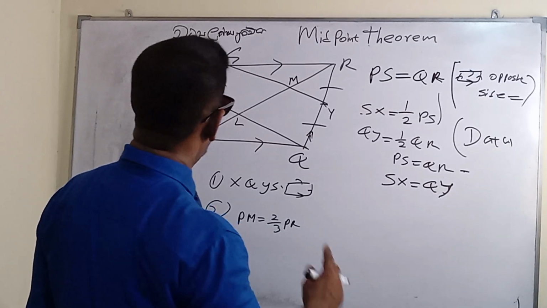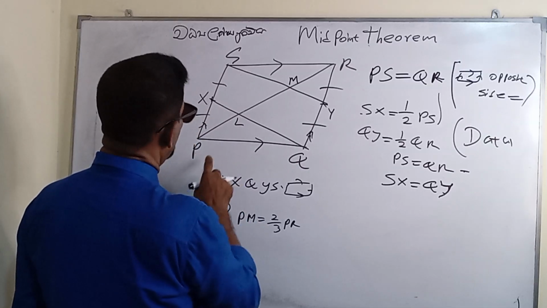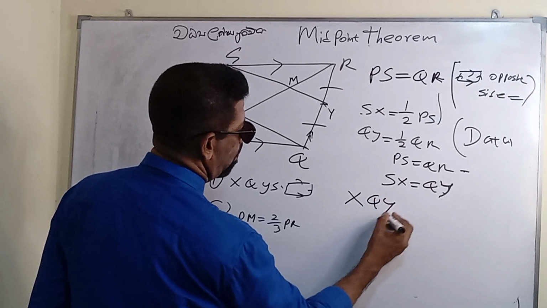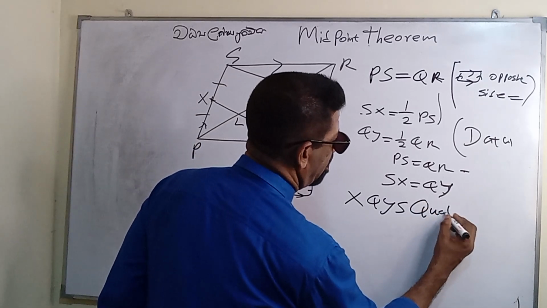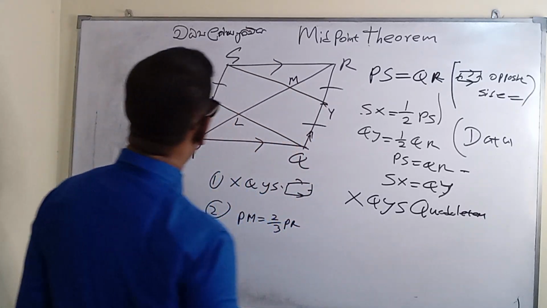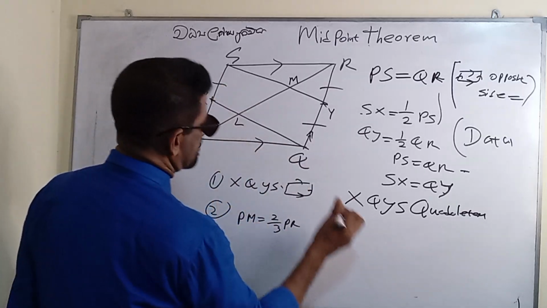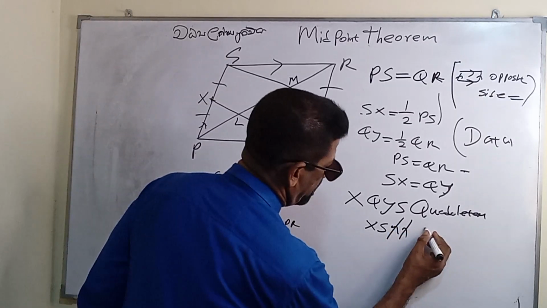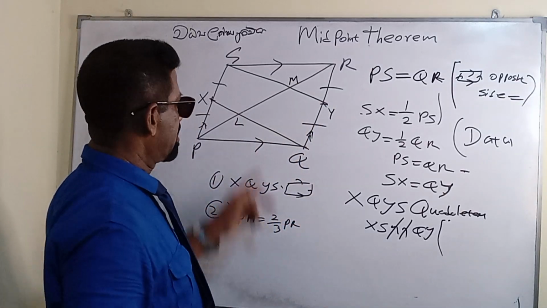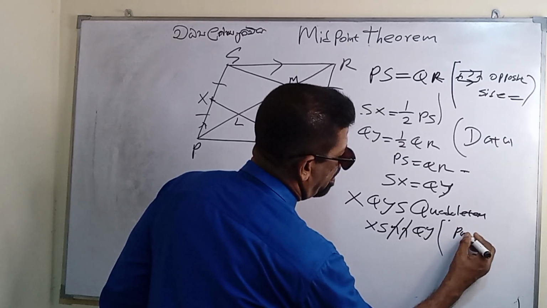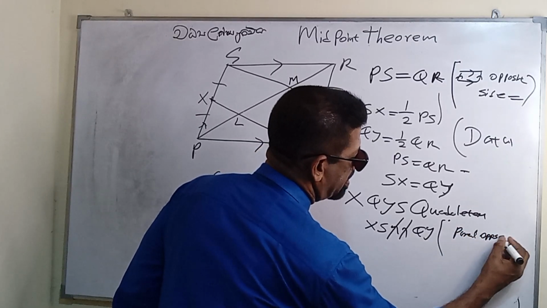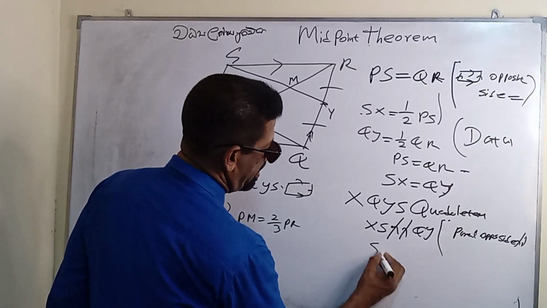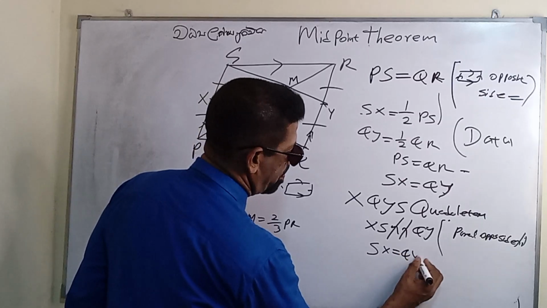Now select the quadrilateral XSQY. We know SX is parallel to QY, because opposite sides of a parallelogram are parallel. Now we are proving SX equals QY, which is already proved.